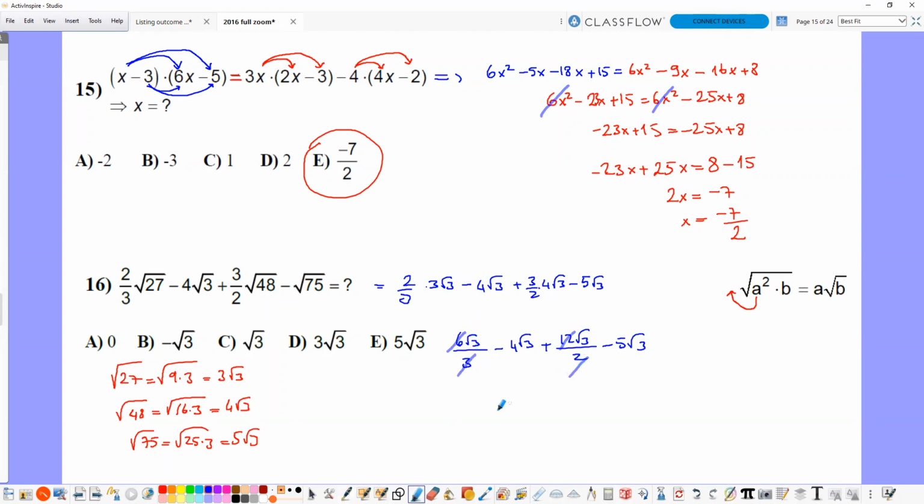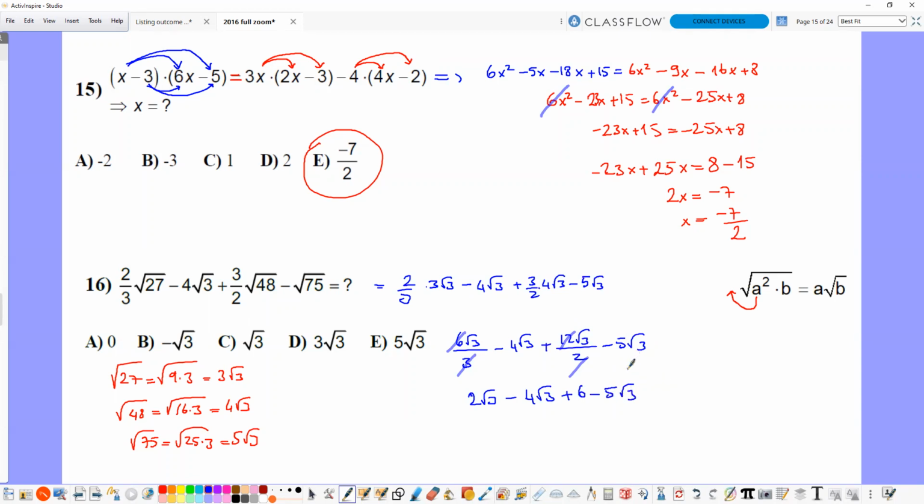Here 4 and 2 you can simplify, which is equal to 6. So the answer here is going to be 6 root 3 over 3, which is equal to 2 root 3 minus 4 root 3 plus here 12 over 2, it's equal to 6 minus 5 root 3.